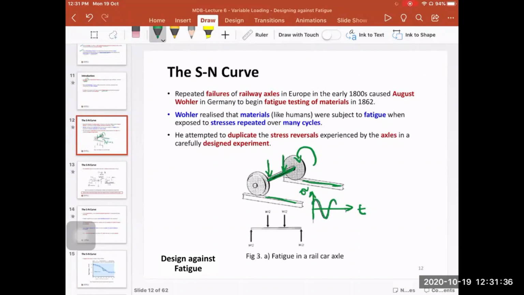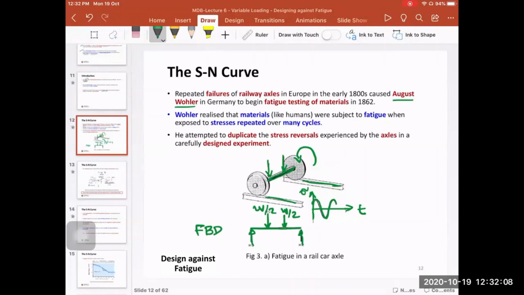If you study the free body diagram of this axle, you have an axle and then you have applied loads here, let's call them W/2 each, and then you have some sort of reaction forces here. A German scientist called August Wöhler started to test the fatigue of materials. This was in 1862.